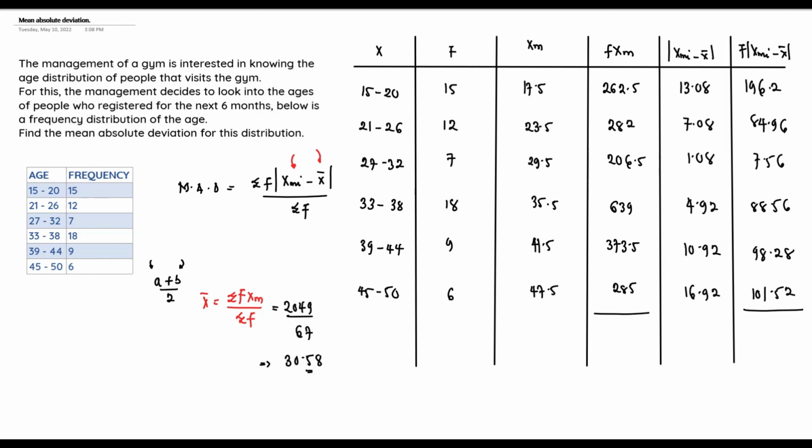So when we sum all of this right here, we have 196.2 plus 84.96 plus 7.56 plus 88.56 plus 98.28 plus 101.52, and we have our answer to be 577.08.